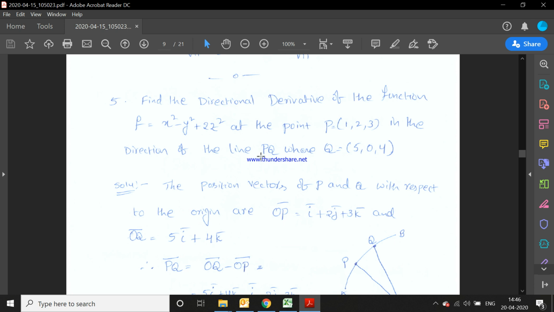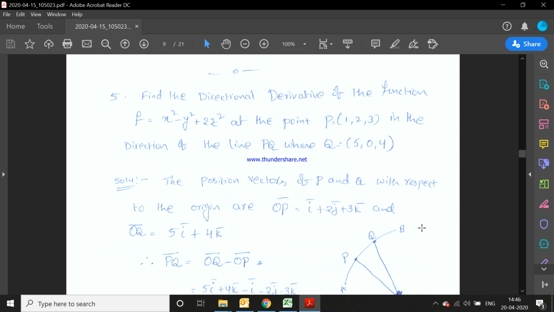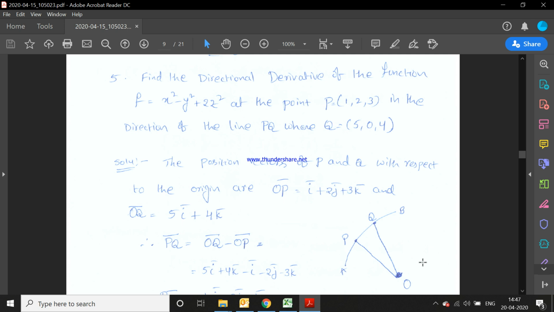But here we need the value for PQ, that is the line PQ. So we can use the lines OP and OQ, using the curve. Here AB is a curve on a sphere with center O, where x square plus y square plus z square equals a square, a sphere with radius r.